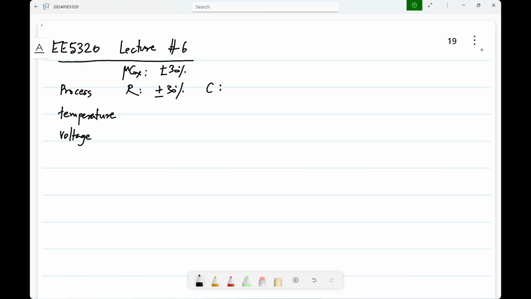Capacitance may be a little bit less, 15 or 20%, but these will be given in the process description and you have to use that. And temperature, basically all these will be strongly dependent, whereas capacitance and inductance will be probably only weakly dependent.